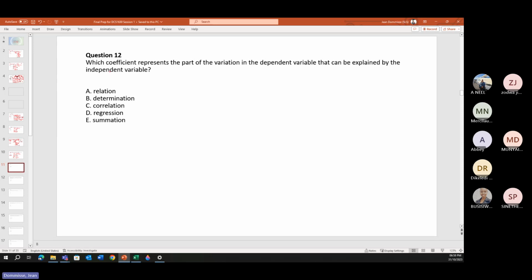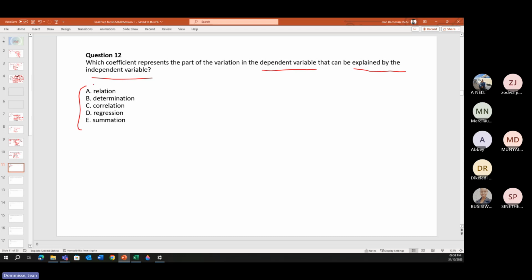So question 12. Now very much a definition question. Which coefficient represents the part of the variation in the dependent variable that can be explained by the independent variable? Okay, so I'm going to throw this back at you: which one do you think is the correct one?